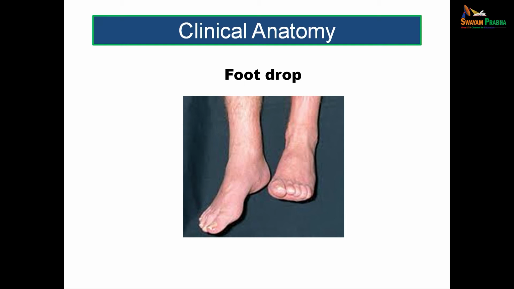Any injury to the sciatic nerve or its terminal branches, that is the common peroneal nerve, can result in a condition called foot drop. As you can see, the right foot is plantar flexed. So, a person, when he has lifted the foot off the ground, it will be plantar flexed, hanging down, whereas the left foot is normal.